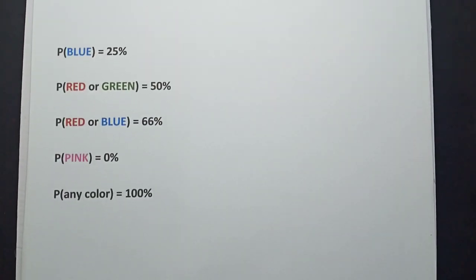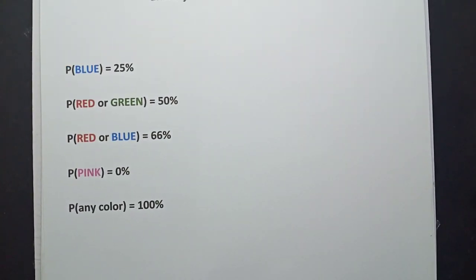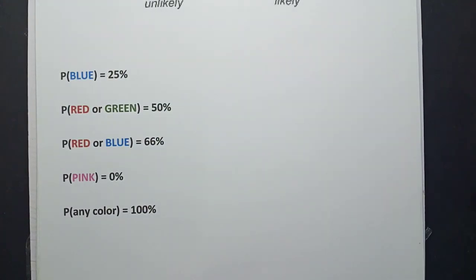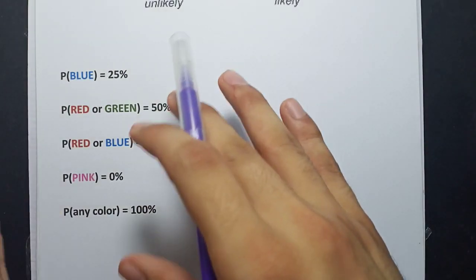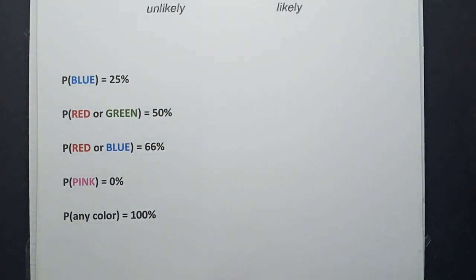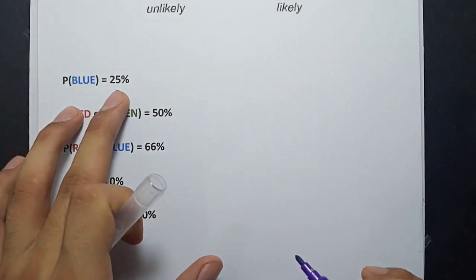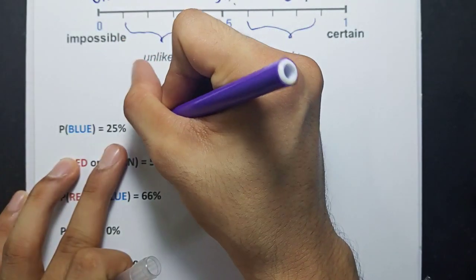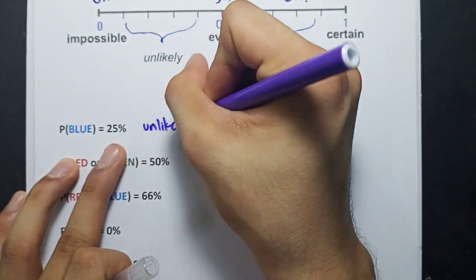Now, I have here the probability of blue, red, or green with their percent. Let's translate it using the probability scale. Now, probability of blue, 25%, that is less than 50, so that is unlikely.